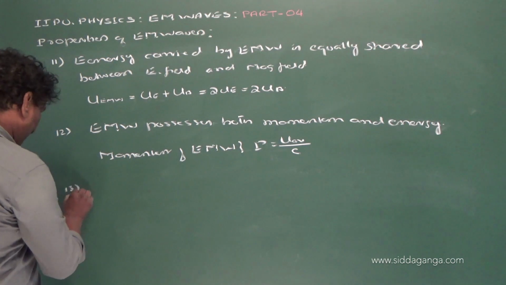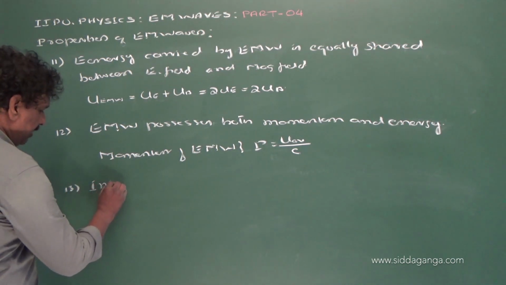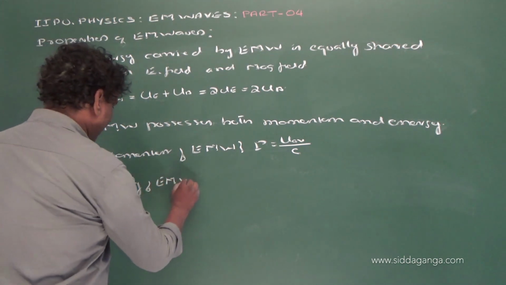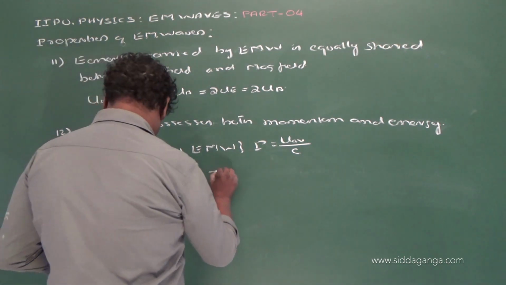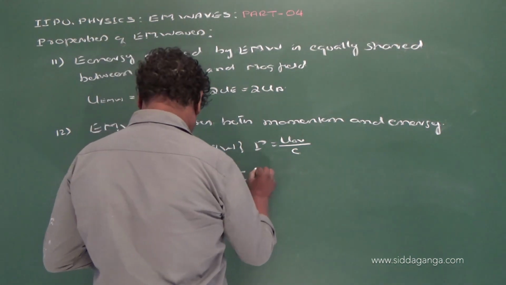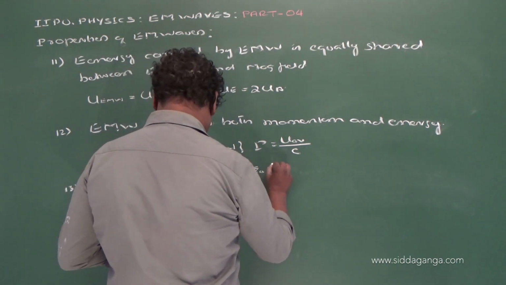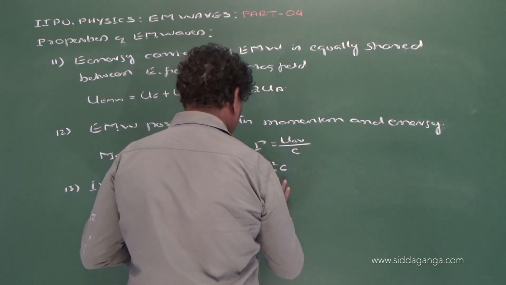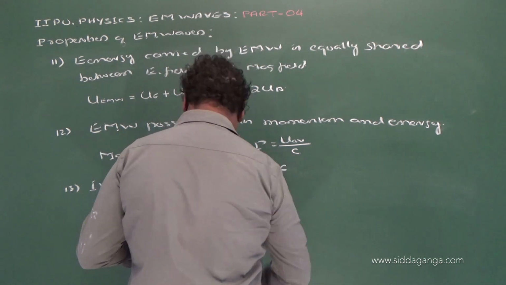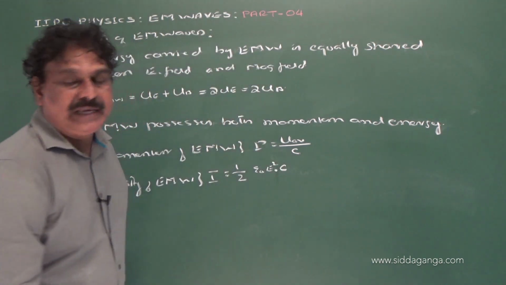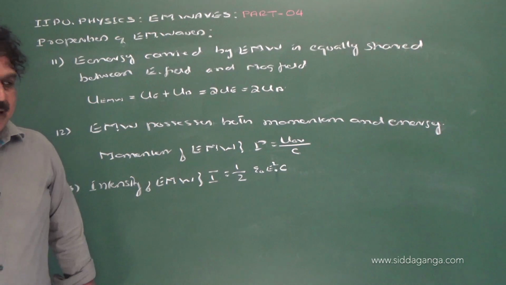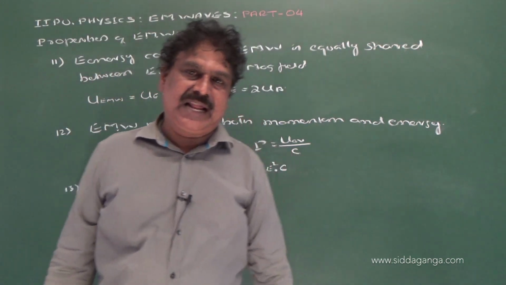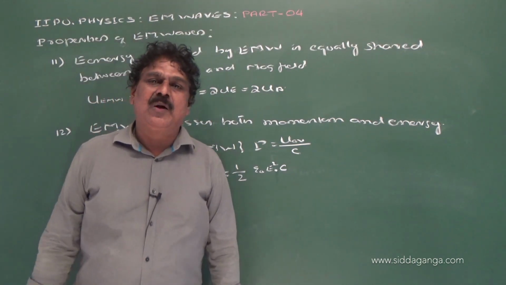Now, the 13th one, intensity of electromagnetic wave, I is equal to half epsilon naught E naught square C. Electromagnetic wave, when it travels through space, it transfers both energy and momentum.